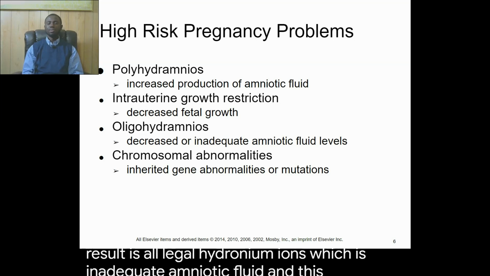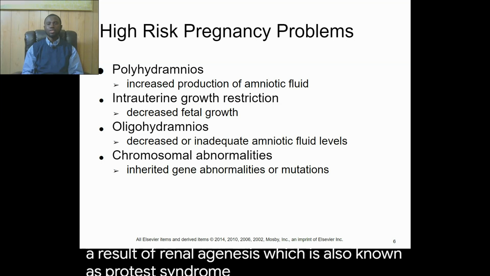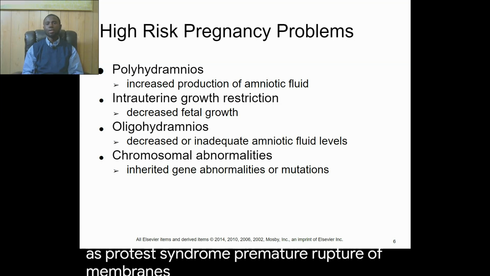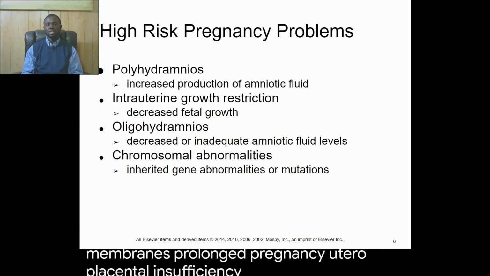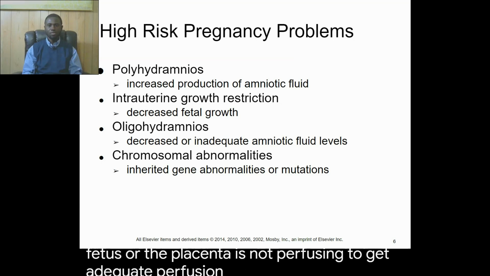And this can be as a result of renal agenesis, which is also known as Potter's syndrome, premature rupture of membranes, prolonged pregnancy, uteroplacental insufficiency, which means that the fetus or the placenta is not getting adequate perfusion to the fetus.